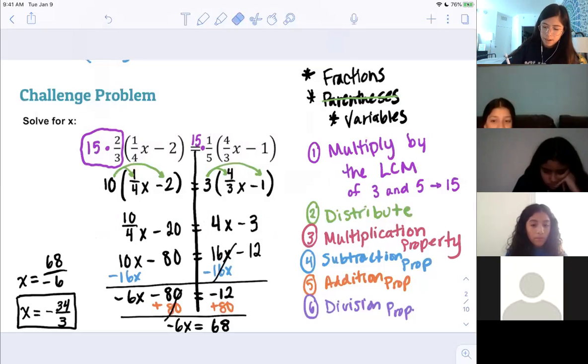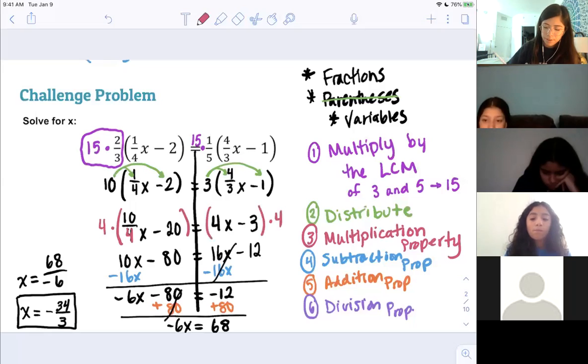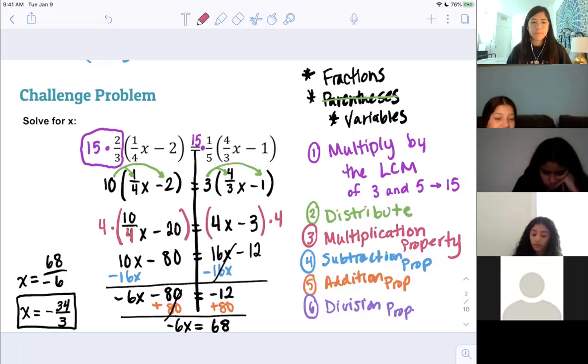I had a fraction, 10 over 4, which I want to get rid of because I don't like fractions. So anytime I see a fraction, I multiply by the denominator on both sides in order to get rid of my fraction. Okay, thank you. You're welcome. Anyone else?